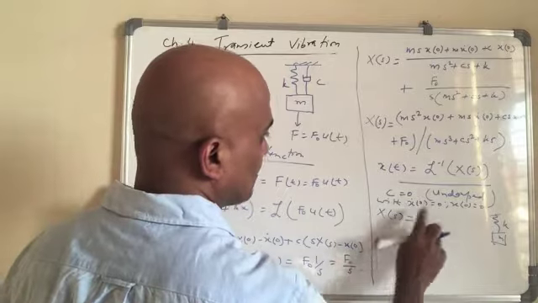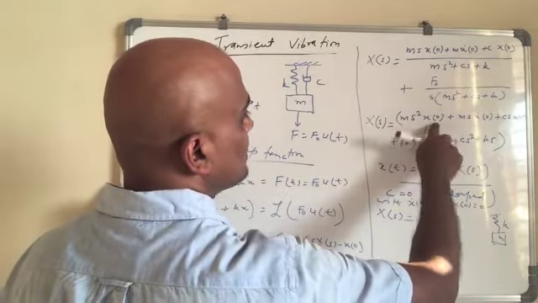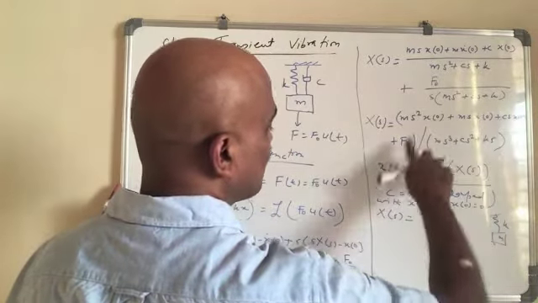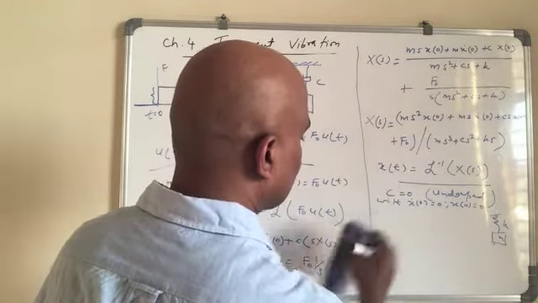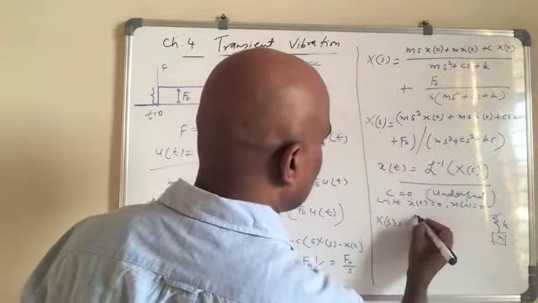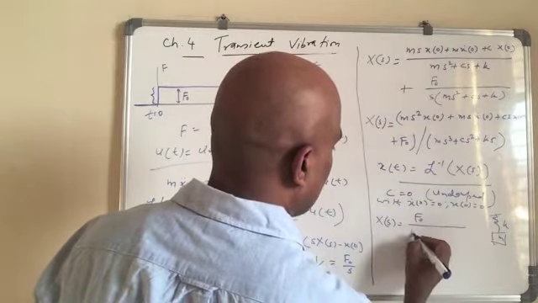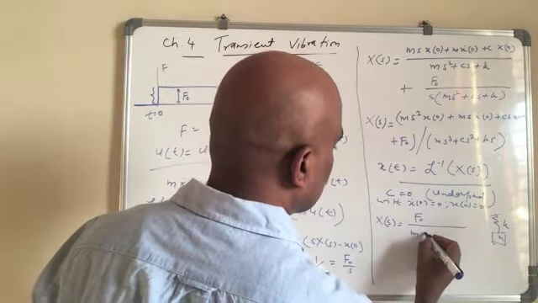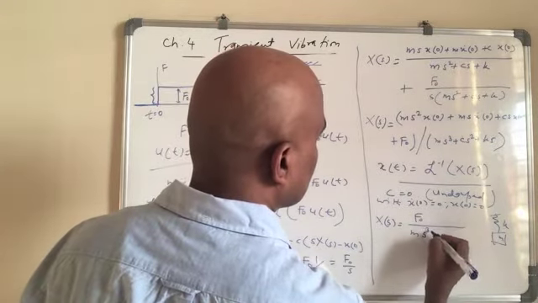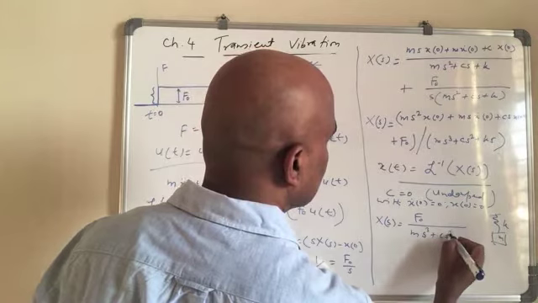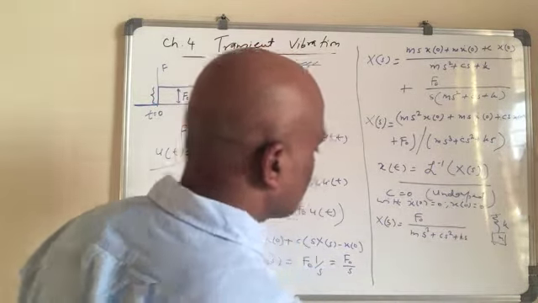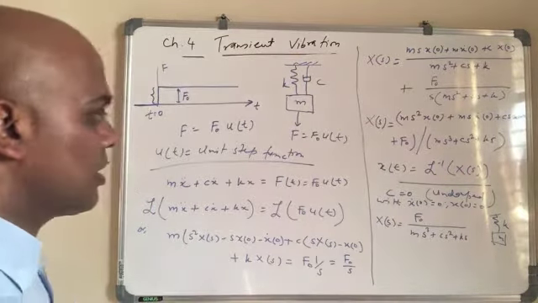So X(s) will be equal to, this is 0, this is 0, this is 0. So what we get? X(s) equal to f naught divided by m s cube plus c s square plus k s.